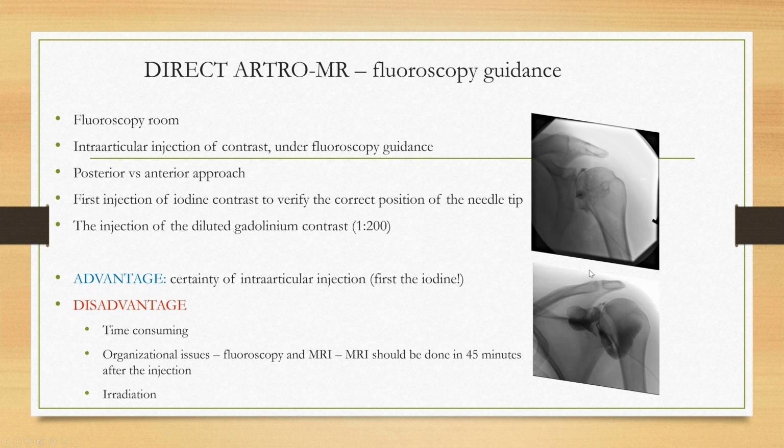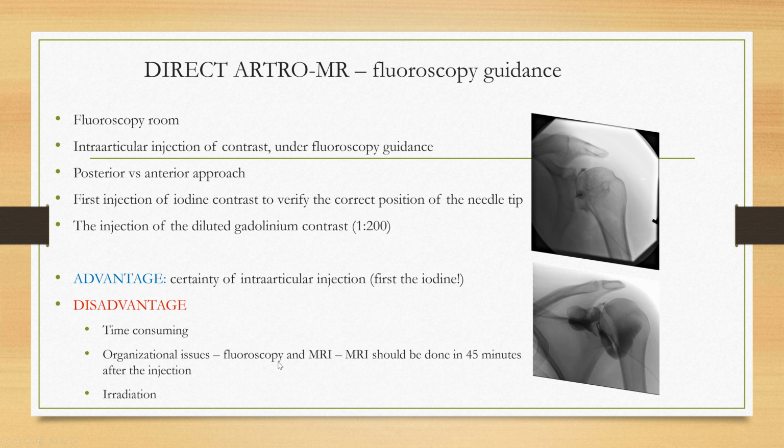With fluoroscopy guidance, preferred by some radiologists and most of the orthopedists, the injection is done under fluoroscopy. First, you need to inject iodine to verify the position of the needle tip, but the disadvantage is that it is time consuming.